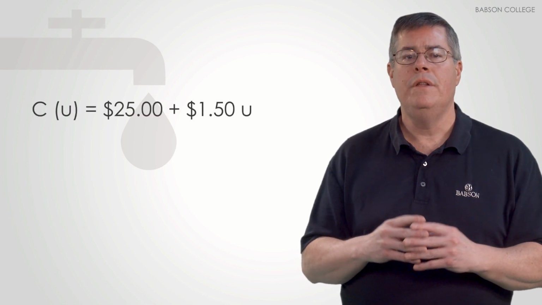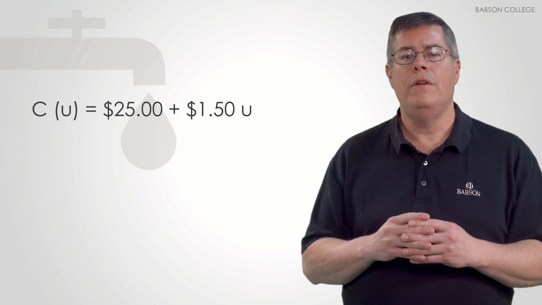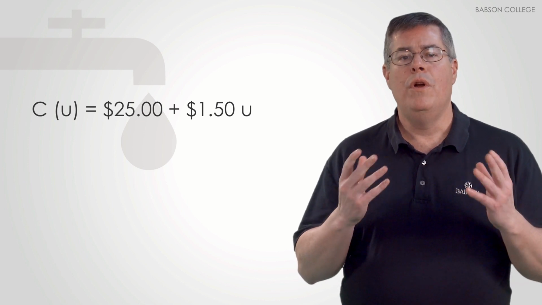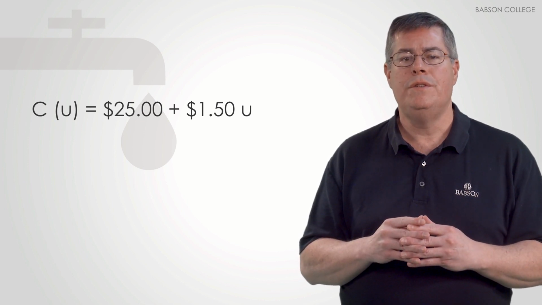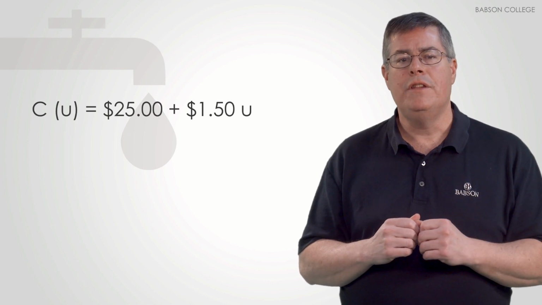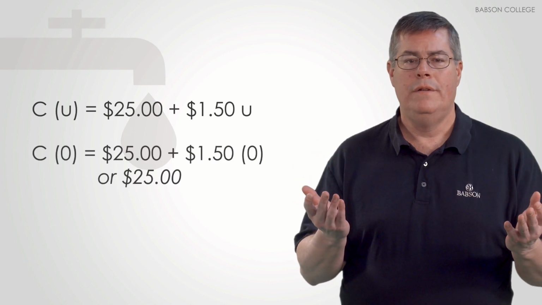So let's get started with those users who are careful with their water usage and never go over 60 units in a quarter. We can create this cost function to determine their water use bill, where U is the number of water units used. Let's look at the cost of using no water at all.